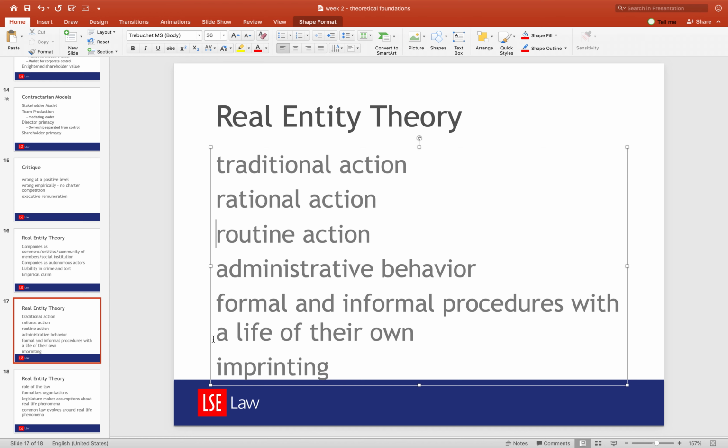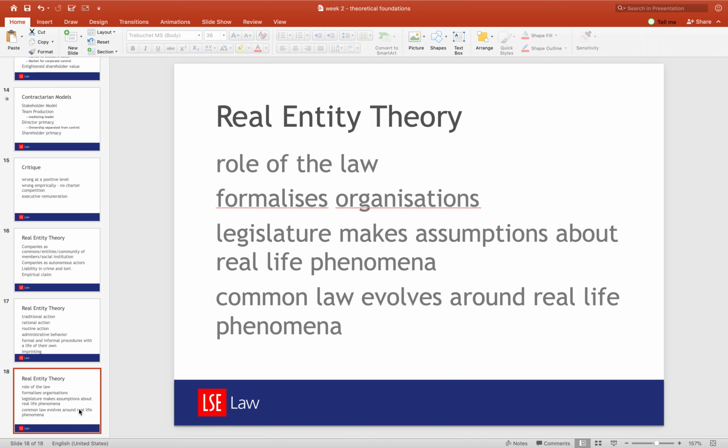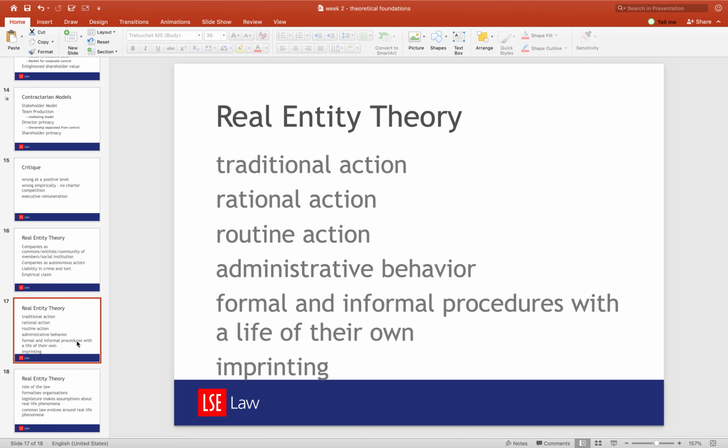And imprinting is the word for the idea that you join the organization and it imposes on you a behavioral framework that you adopt. So that's the idea that in reality, there's something of an organization that is autonomous and independent of its participants.